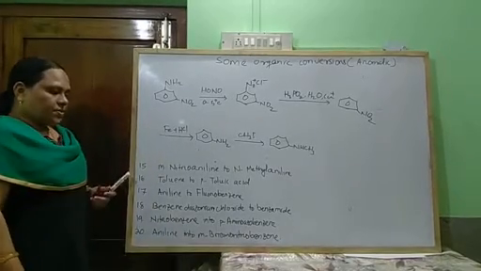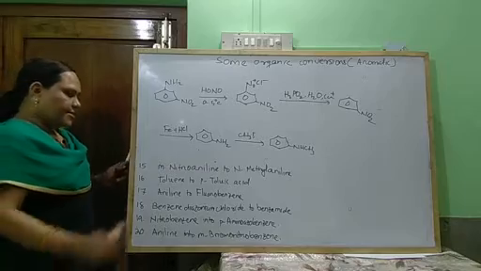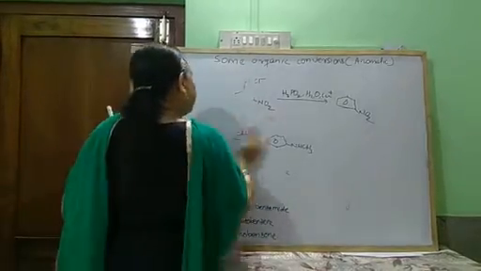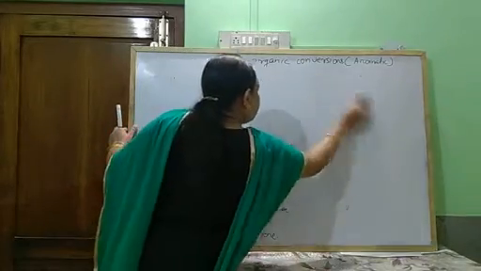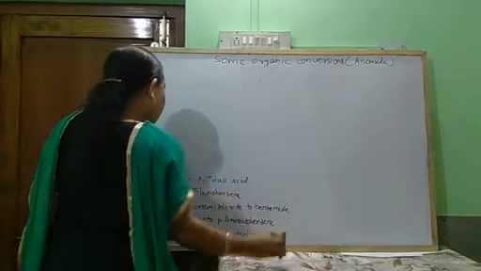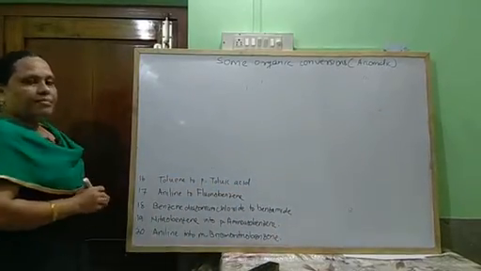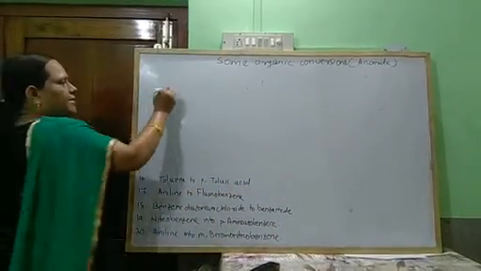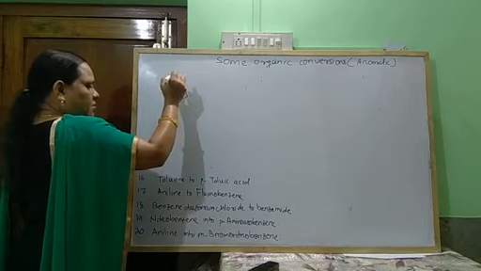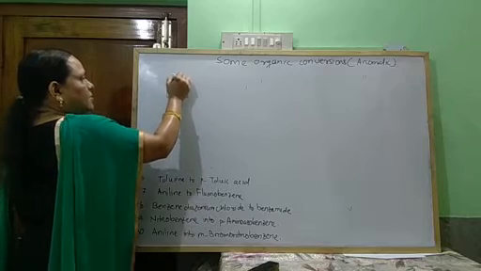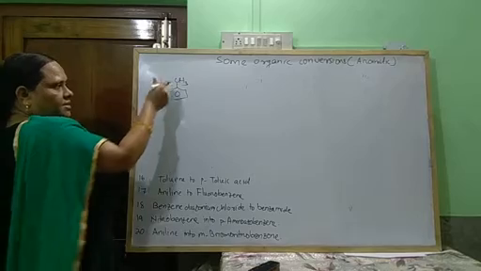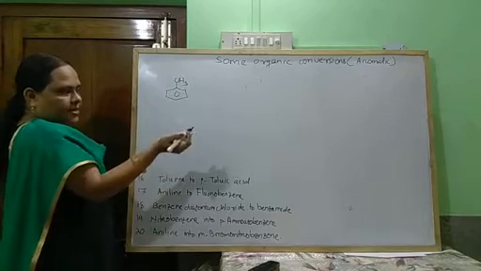Next come to question number 16. That is toluene to para-toluic acid. So this is toluene. If oxidation takes place, it gives you carboxylic acid.